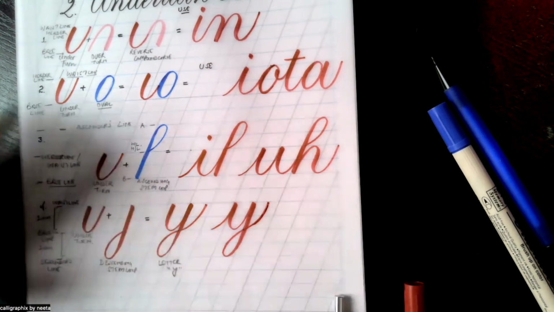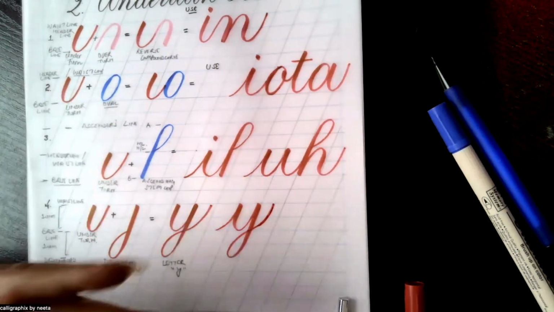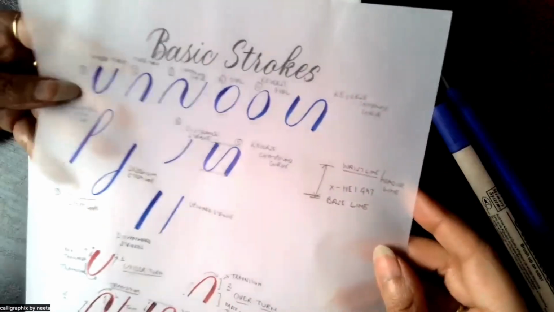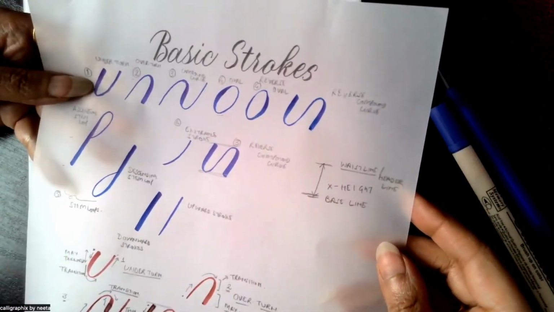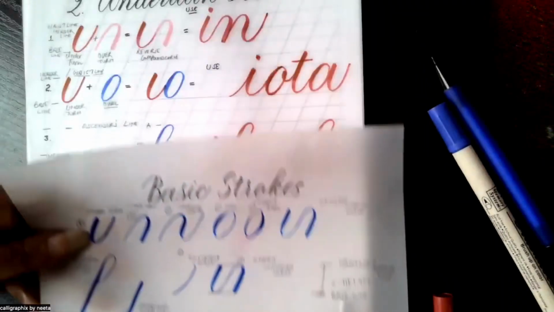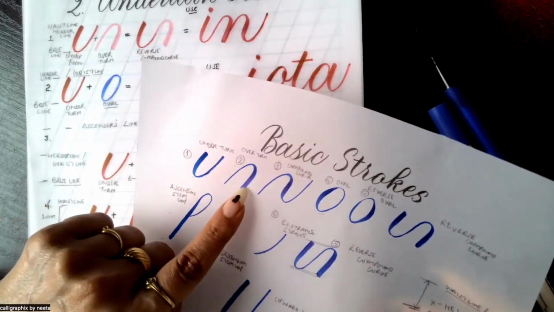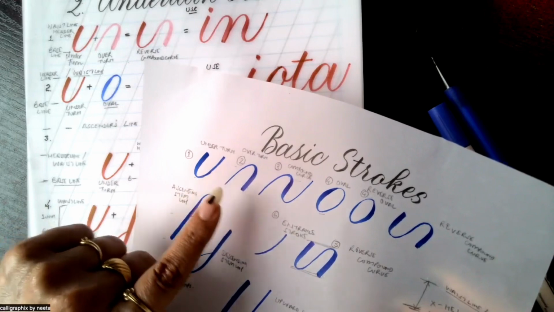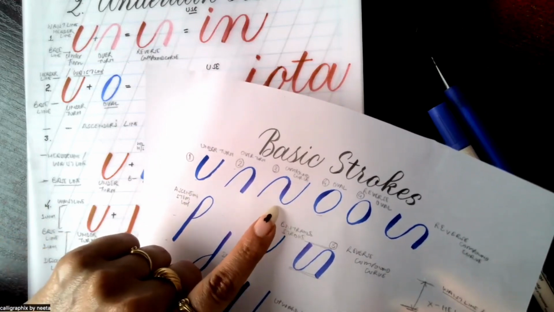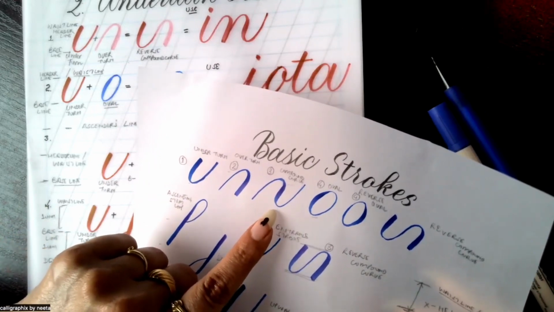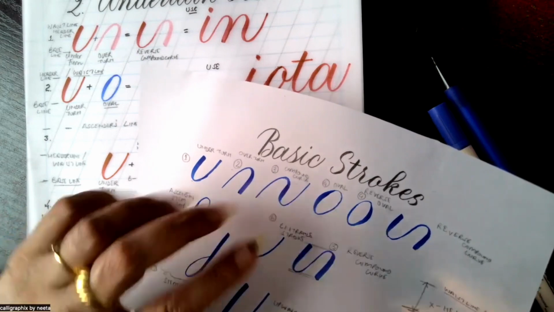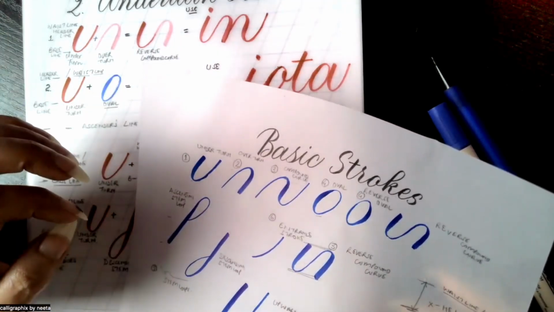We have one more stroke that is left, we haven't touched yet. We have used all the strokes, like we have done underturn and overturn, underturn and reverse compound curve. And let's see underturn and regular compound curve.